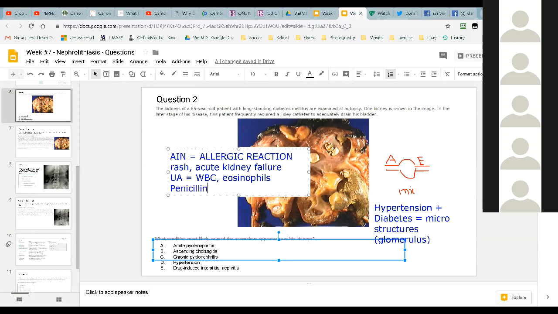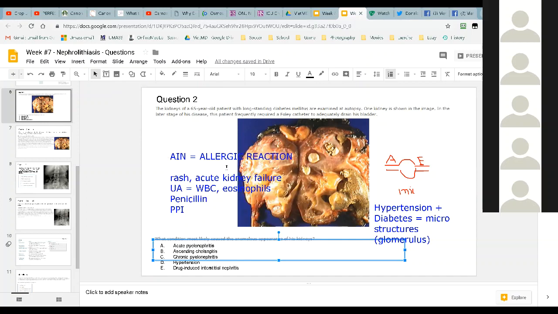There's a list, but penicillin comes to my mind first. Also, I think acetaminophen can cause it too, but not very commonly. And PPIs, all the P drugs, rifampin, so you have to remember that. White blood cells and eosinophils, but usually you have a rash because of the allergic reaction. All right, anyone else have any questions?